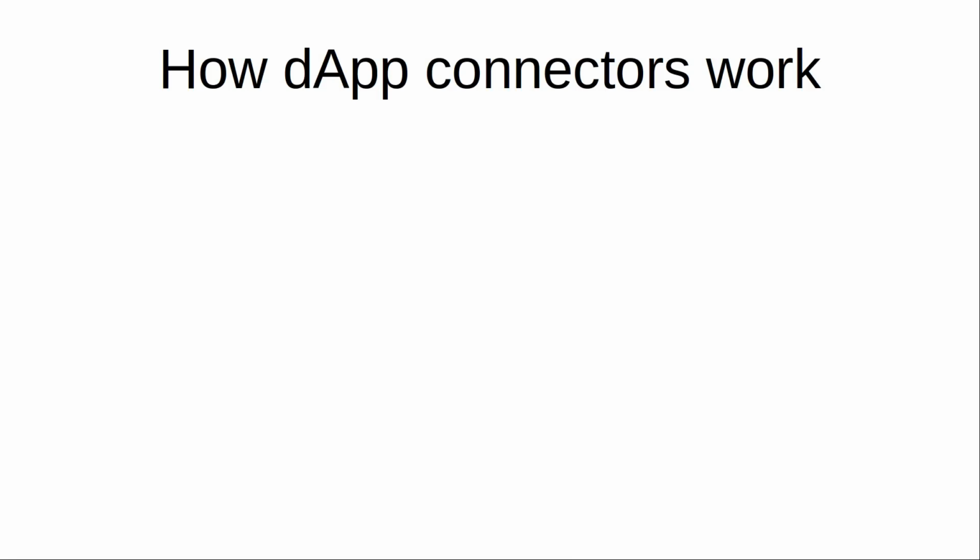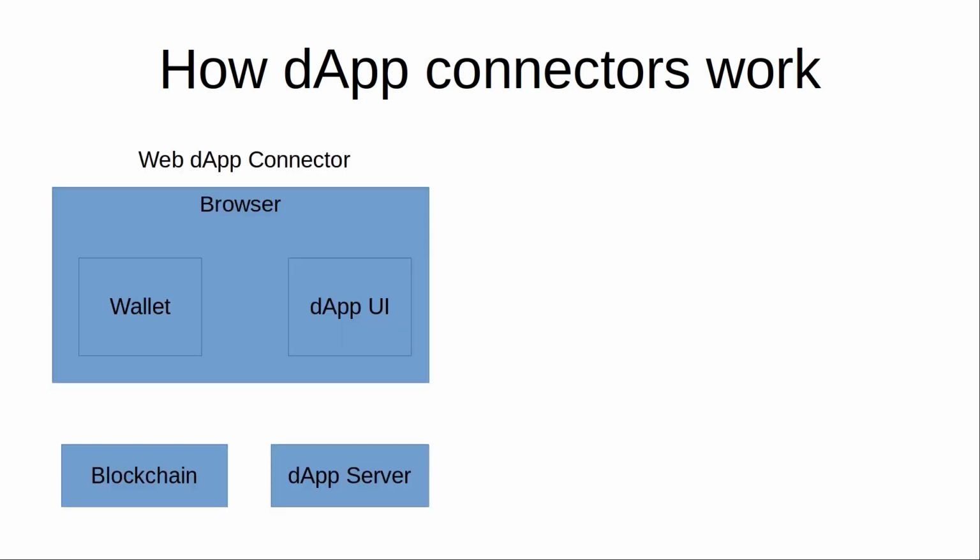Before we start up the development environment, I wanted to spend some words on how the dApp connectors usually work, because ErgoPay works a bit differently than the usual web dApp connectors. A web dApp connector consists of the following parts.